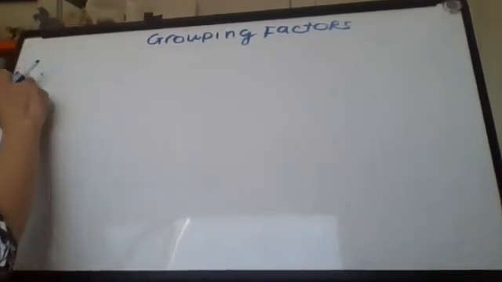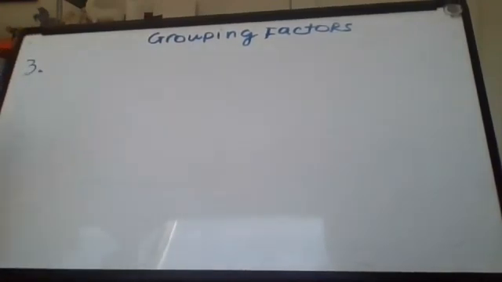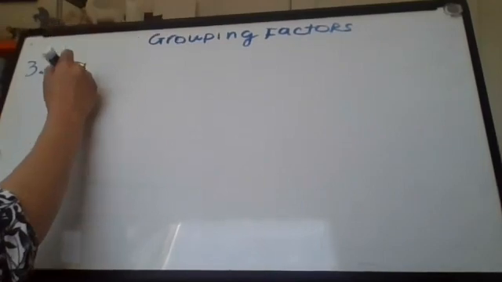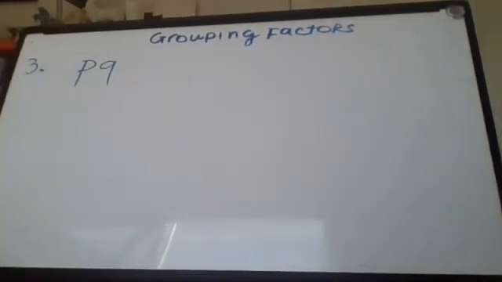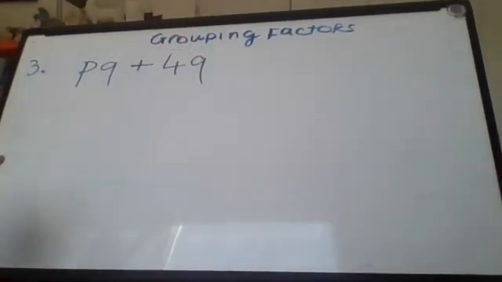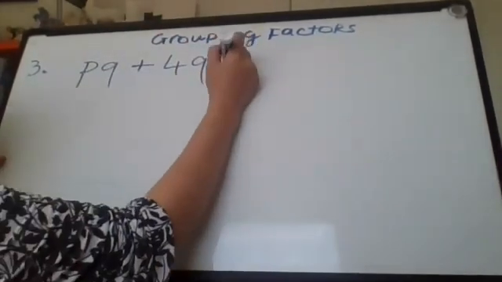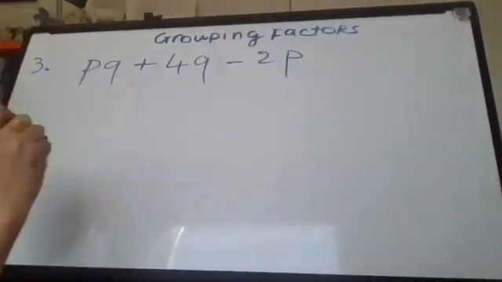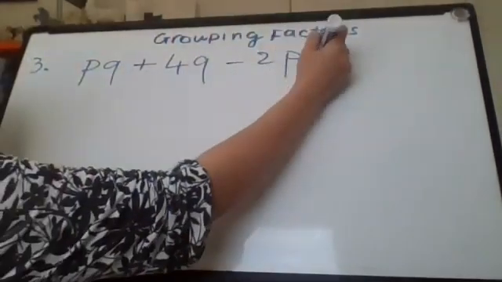Okay, I'm gonna go to number 3 now. The number 3 example. So let's see what example I can do. Okay, I'm gonna give you a pq plus 4q minus 2p minus 8.